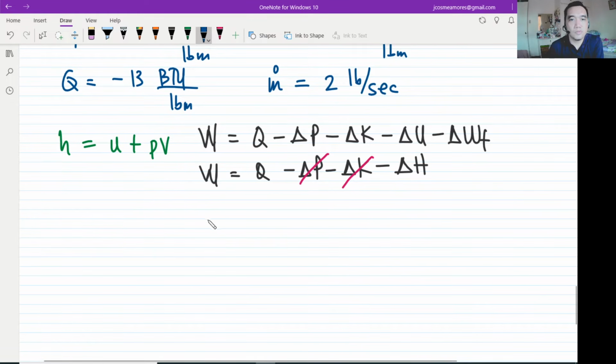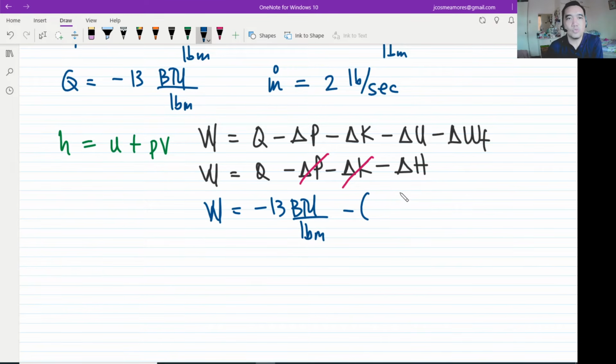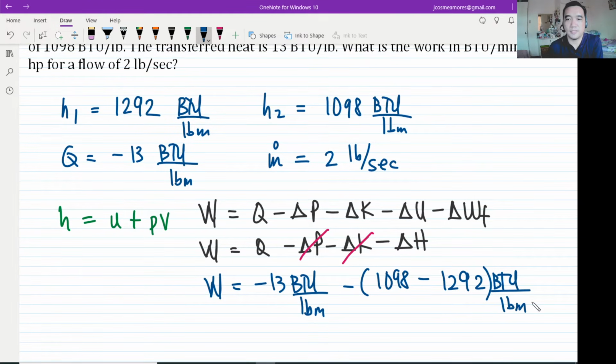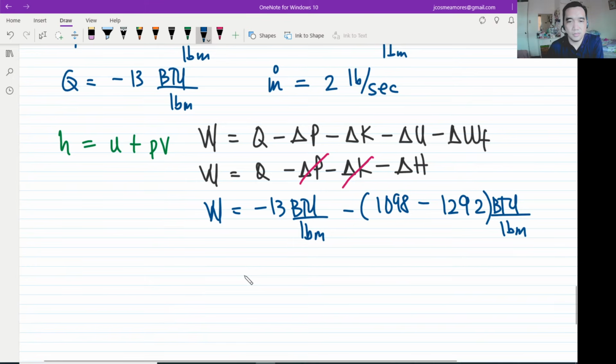So work is simply Q, so minus 13 BTU per pound mass, minus delta H. So H sub 2 is equal to 1098 minus 1292, both in BTU per pound mass.